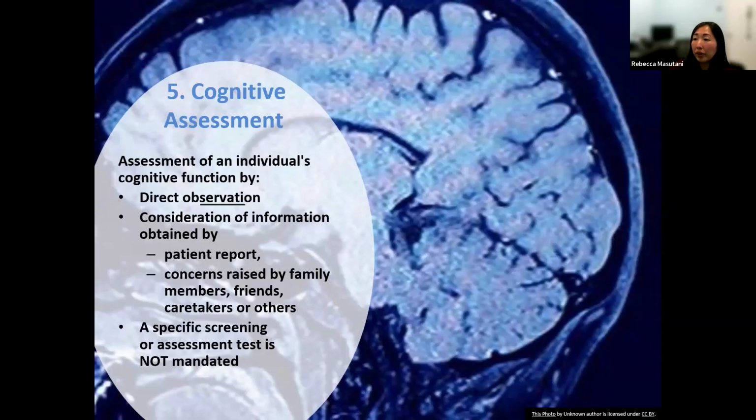Keep in mind here that for this cognitive assessment requirement within the IPPE or annual wellness visit criteria, there is no specific screening or assessment test that is mandated. And again, keep in mind that this assessment is generally considered to be a brief assessment of an individual's cognitive function.